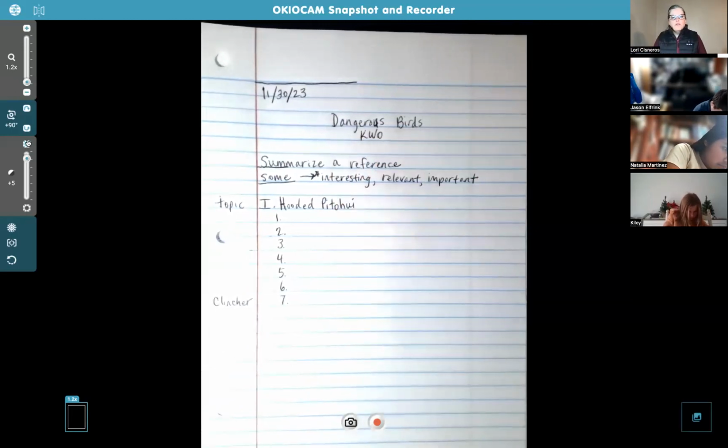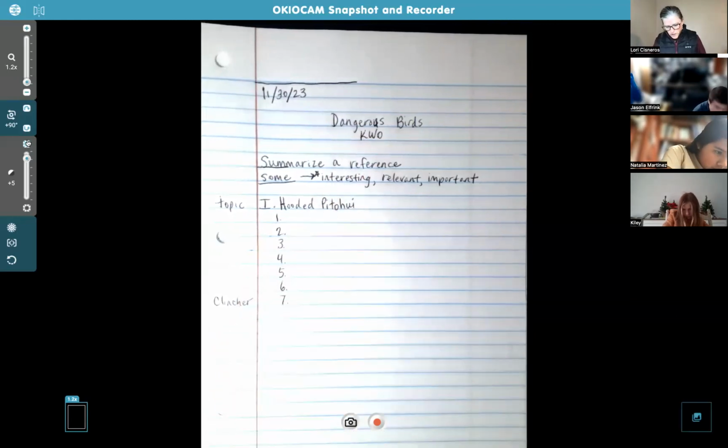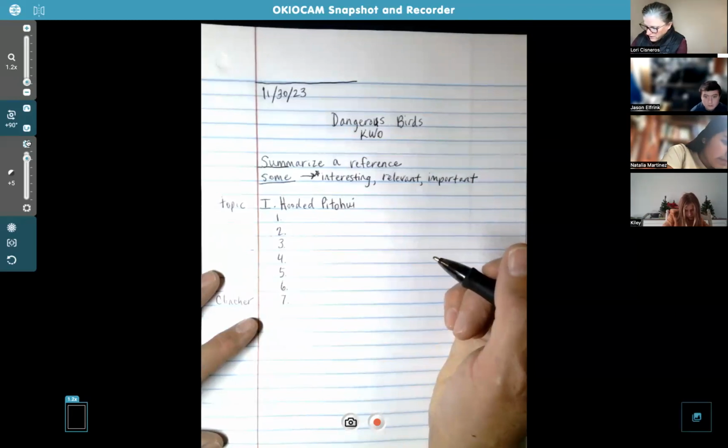So remember, this report is about dangerous birds. That's your subject. That's a broad subject. We have 3 different articles, 3 different birds. The first bird is the hooded pitohui. And it's the first poisonous bird that they discovered.